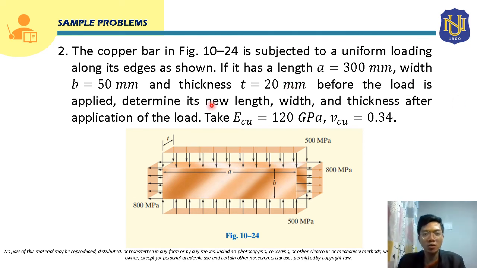Before the load is applied, determine its new length, width, and thickness after application of the load. We are going to take the modulus of elasticity for copper, equal to 100 gigapascal, and the Poisson's ratio of copper, equal to 0.34. So let's solve this problem.